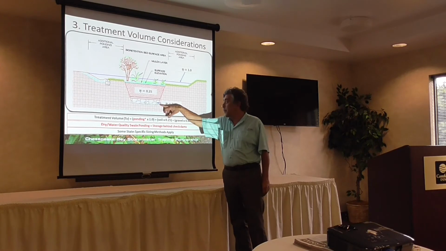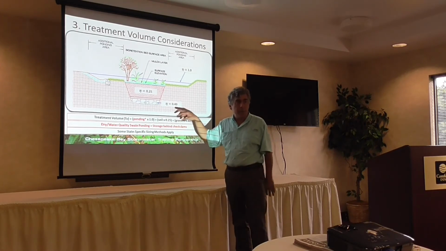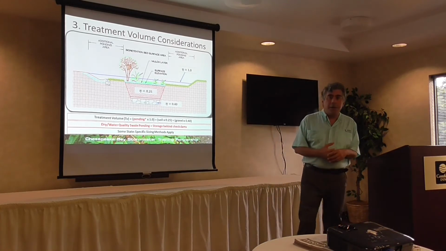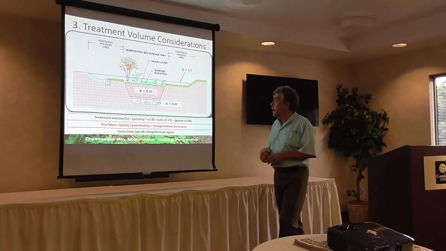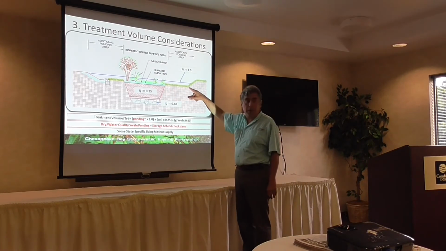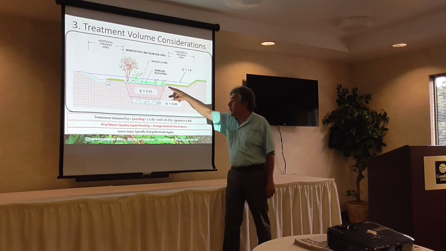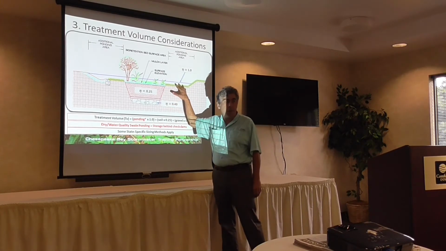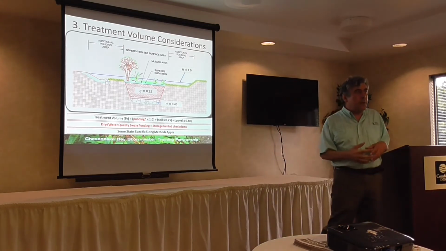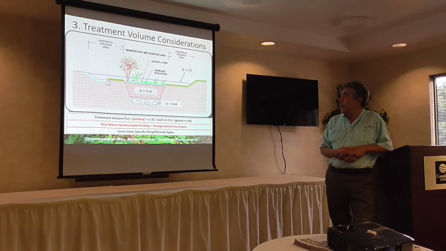So that depth times the length times 0.4 is further treatment volume. And then there's some other tricks. Rather than having the steep side slopes, you can extend it out beyond the limits of the filter bed and take credit for that within reason. So there are a lot of ways you can start getting a lot of treatment volume in ponding areas over time.